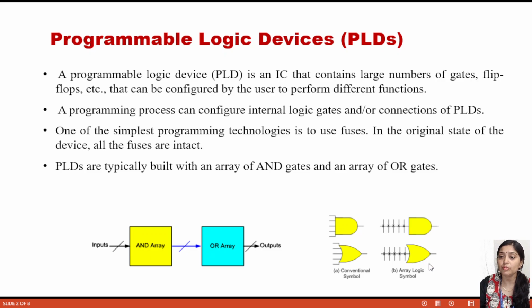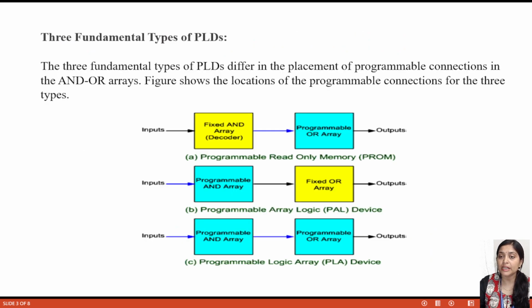We will use this type of symbol when we design the PROM, and also when we design PLA and PAL. There are 3 types of PLDs: PROM, PAL and PLA. What is the difference among them?